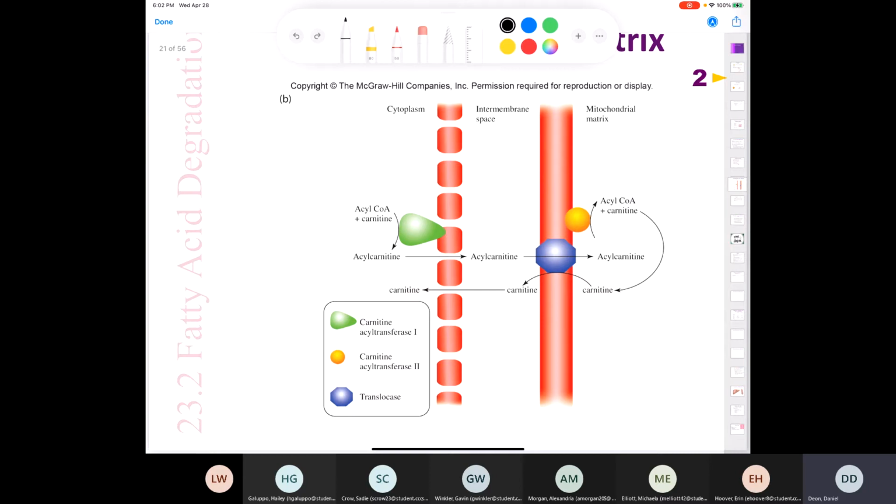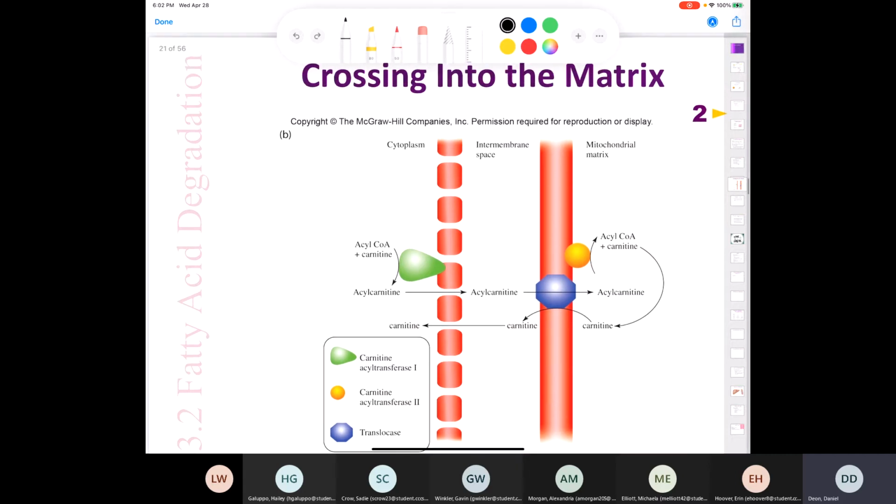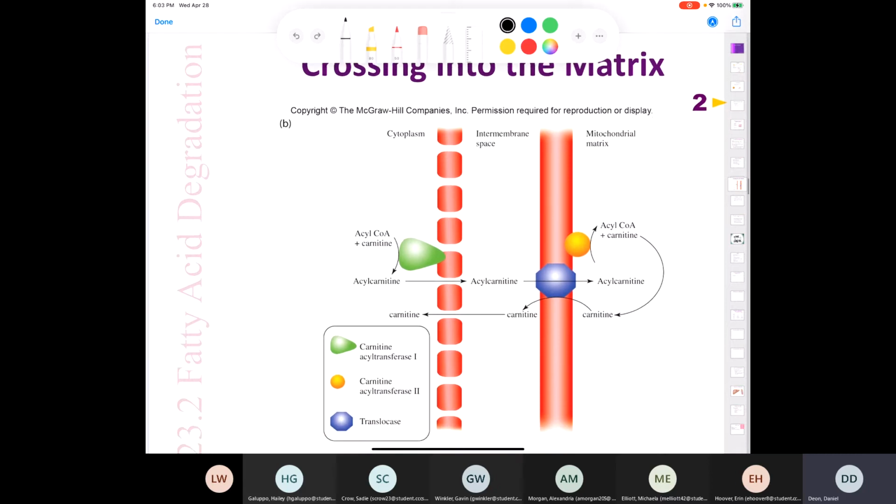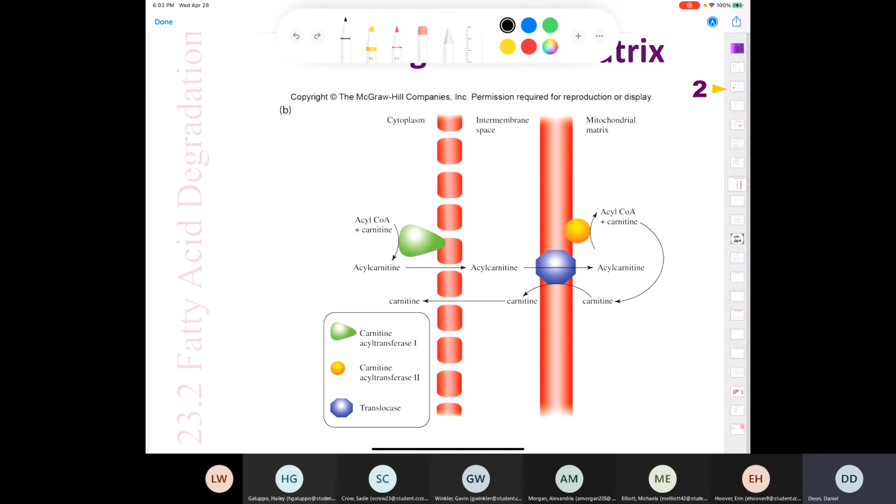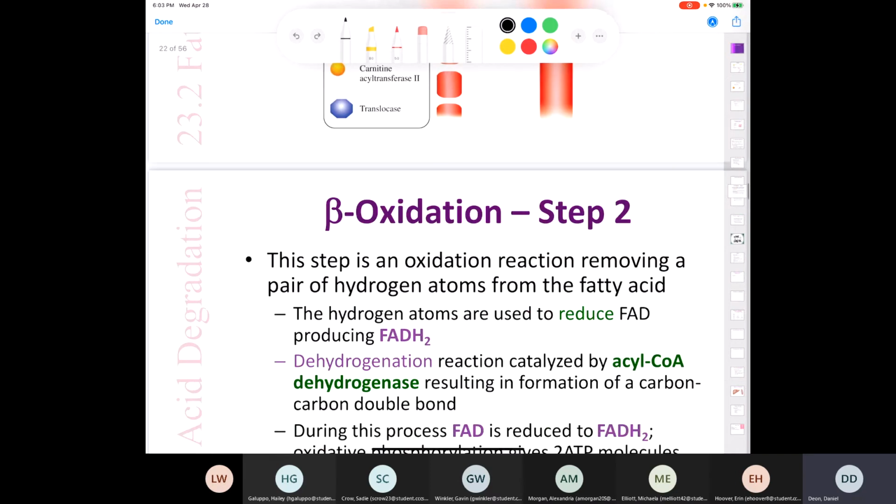Then that can get transported into the mitochondrial matrix through the translocase, which is here, and then you have another enzyme that basically rips off the carnitine, and that's carnitine acyltransferase 2. So I don't know what I would really ask you specifically about this. Nothing more really than in order for the fatty acid molecule to essentially cross into the matrix, it has to have some help from these enzymes, right? The carnitine acyltransferase 1 and 2 and the translocase. Nothing more than that.